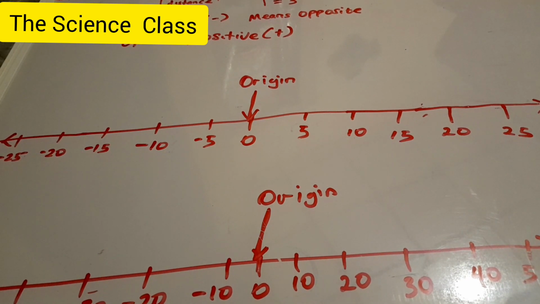This forms the foundation of plotting of graphs. If you don't know what a graph means, just hold on and follow this channel, because all this will be sorted out later.